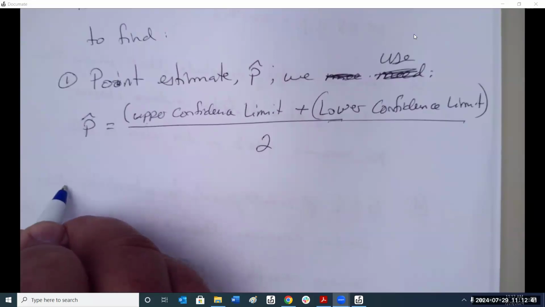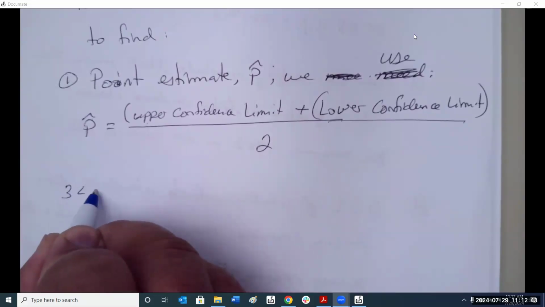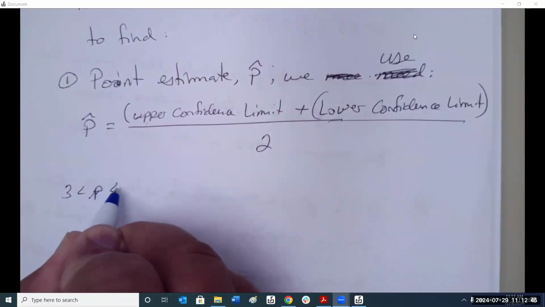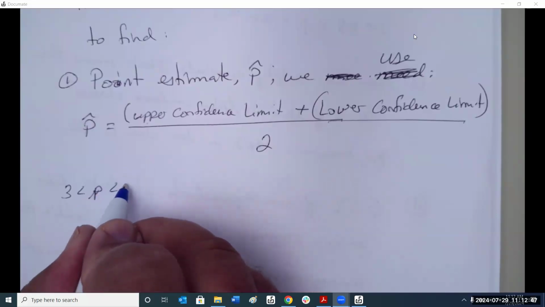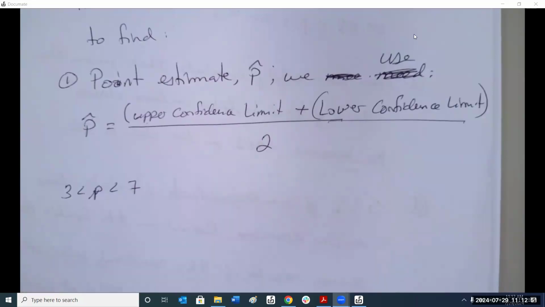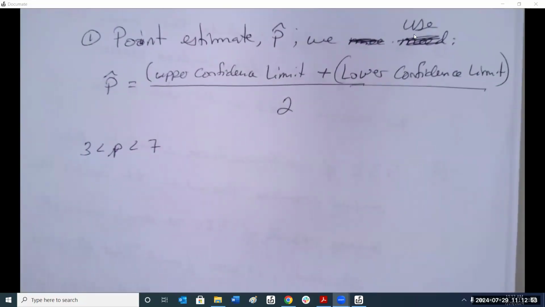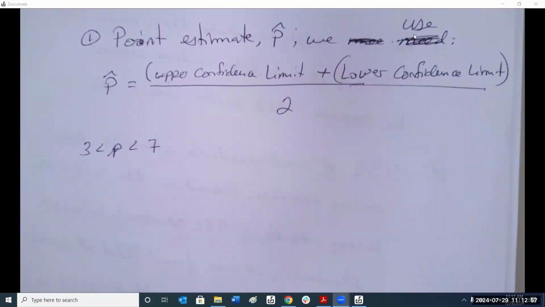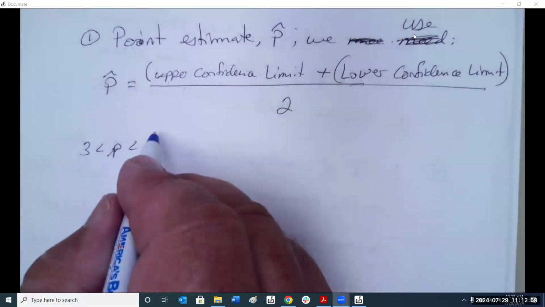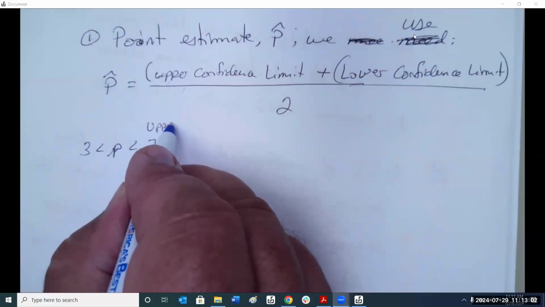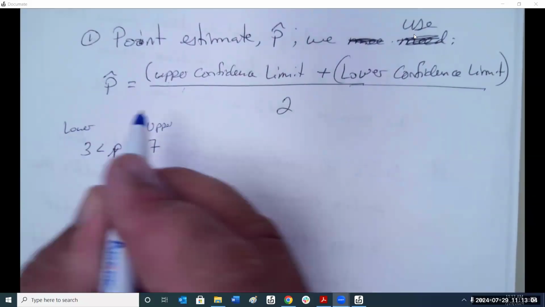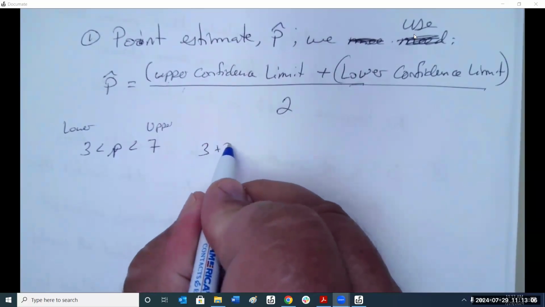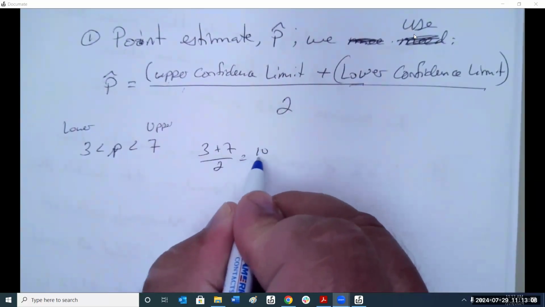Let's think about it. If we had our confidence interval 3 to 7, this would be our upper. This is our lower. So 3 plus 7 divided by 2.